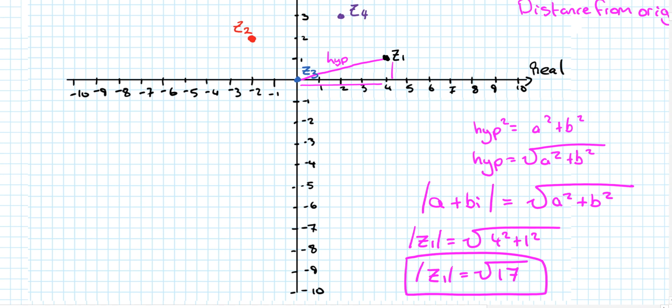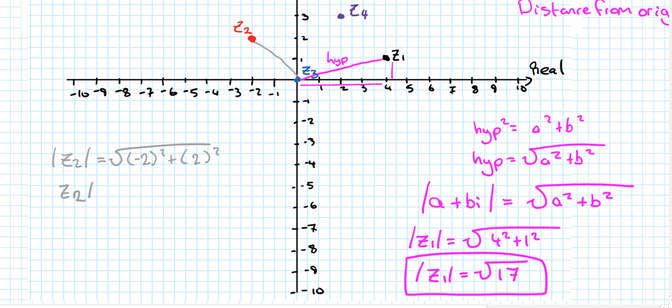We can apply the same formula to Z2, I think they asked us to find. So the modulus of Z2 is going to be the square root of a squared plus b squared for Z2. A was minus 2, so it's minus 2 squared plus 2 squared.